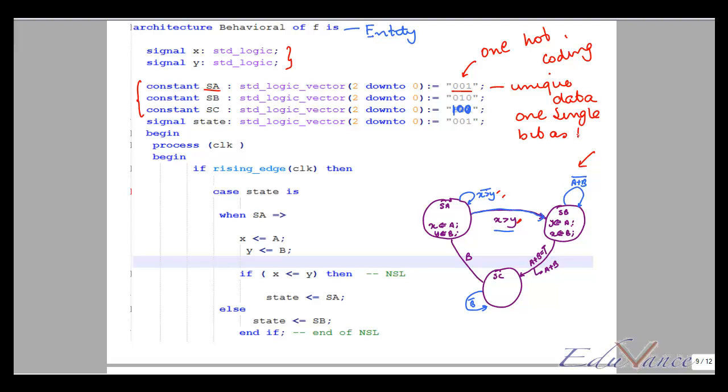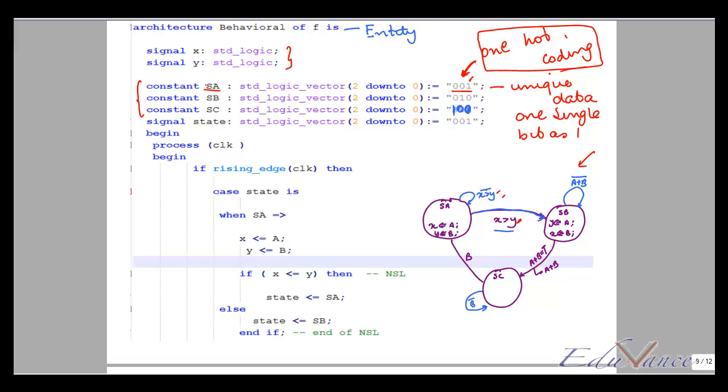So if you see, SA is 001, SB is 010, SC is 100. So this style is called one hot coding. This is a good design style, so hence I am teaching you this. There are other design styles for FSM as well, but it is a safe option to stick to this.